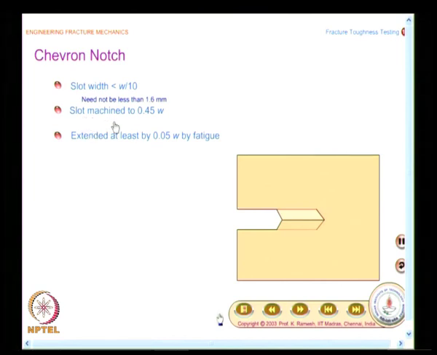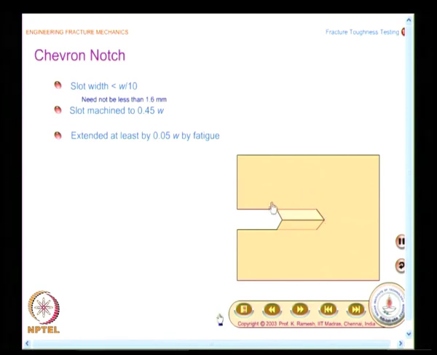The slot is machined to 0.45 W. What is the length? It is extended at least by 0.05 W by fatigue. So, what you will have is at the end of the notch you will have a fatigue crack. Now, the question is how the fatigue crack plane and its orientation has to be controlled.